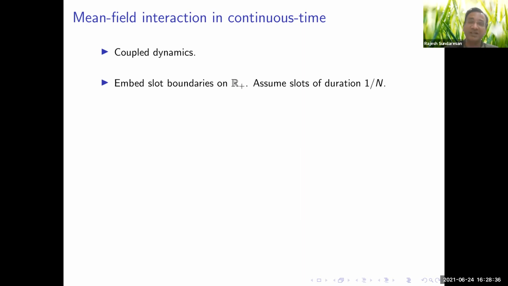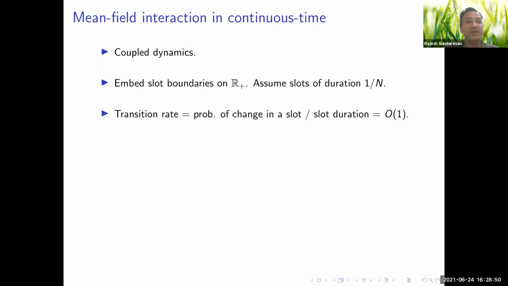First, what I do is I go from the discrete to the continuous in the following way. I embed my slot boundaries for the discrete time system in R+, and I endow a duration of 1 by n for each of those slots. That's the first step. Then I recognize that the transition rates, which are essentially the probability that you change in a particular slot from one state to another, divided by the slot duration and pass to the limit.